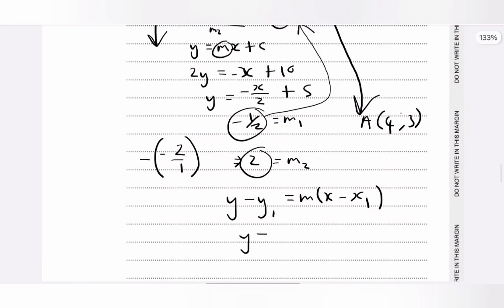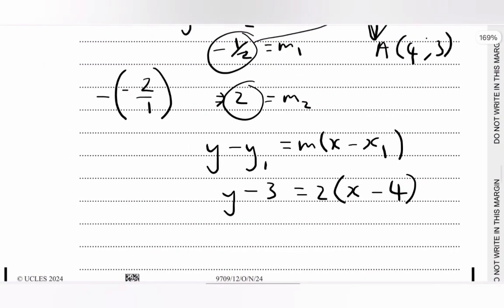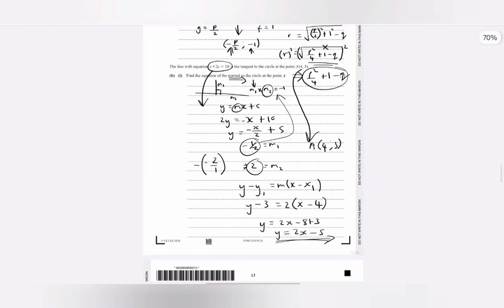So y minus 3 is equal to 2(x minus 4). Taking everything to the right hand side except y, y is equal to 2x minus 8 plus 3, which gives us y equals 2x minus 5 as the equation of the normal to the circle at point A.